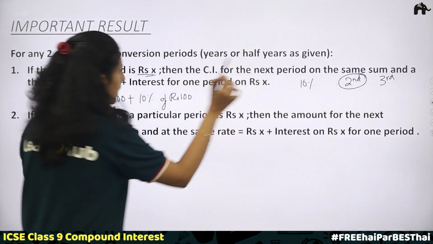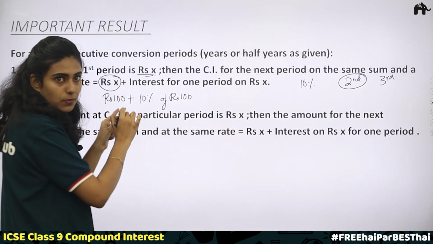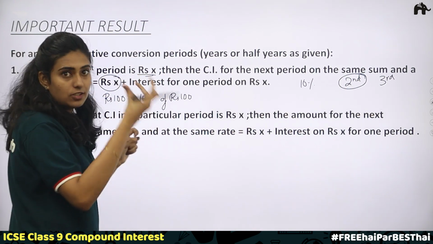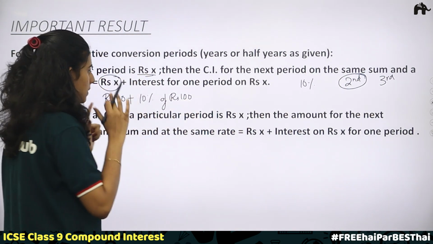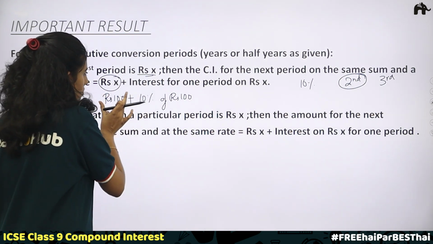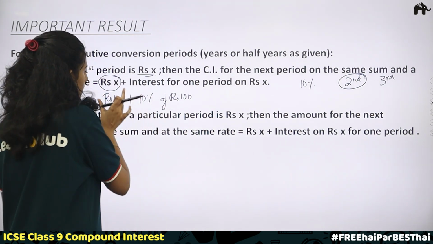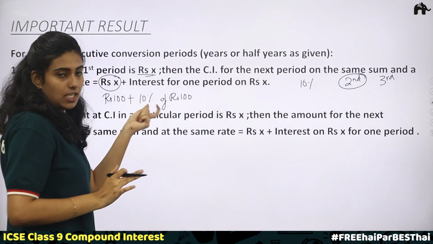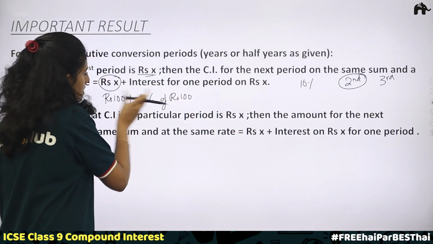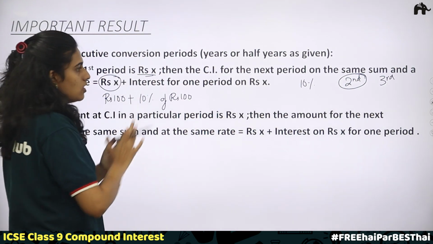So if the interest for the first period is 100 rupees, then how can you calculate the compound interest for the third period? This interest amount plus 10%, the rate percentage of it on this amount rupees X.